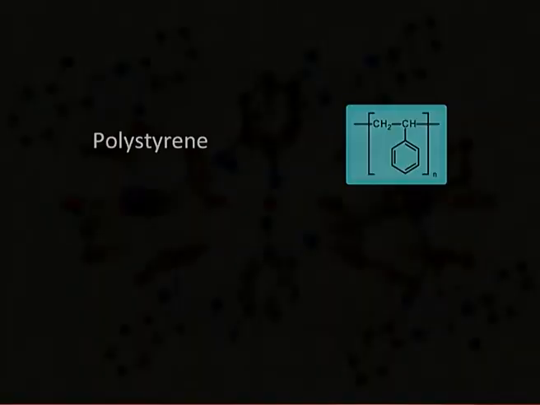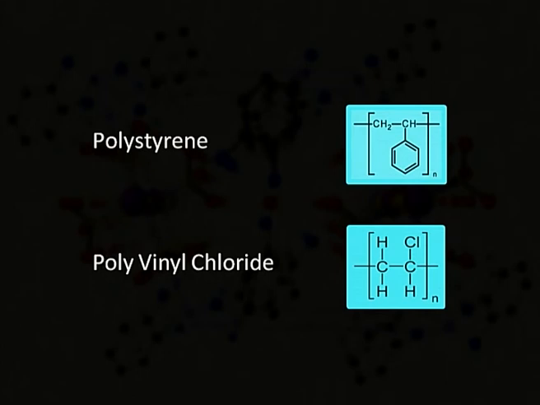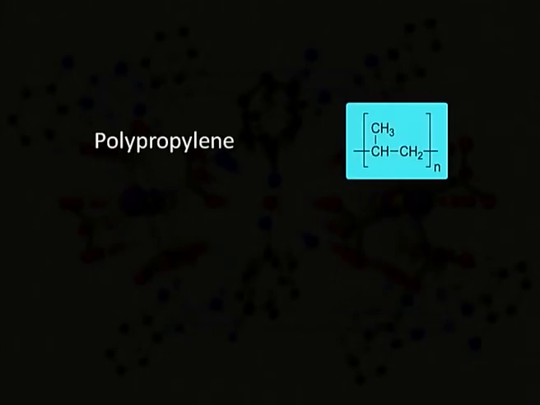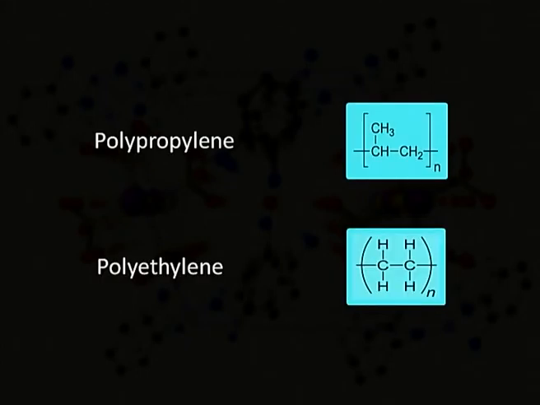So, the common examples of vinyl polymers are polystyrene, polyvinyl chloride, polypropylene and polyethylene.